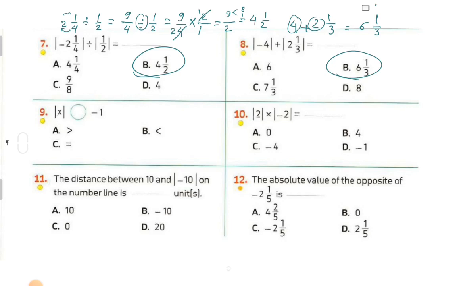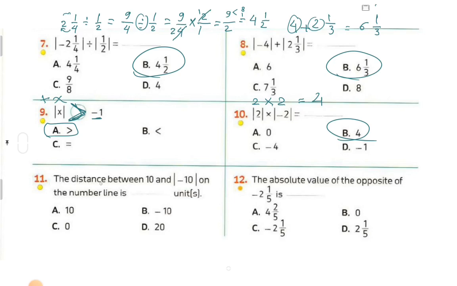Point 9. Absolute value of x just x and negative 1. Any absolute value of any number will be positive. Any positive will be greater than any negative. Okay, absolute value of 2 times absolute value of negative 2 just 2. 2 times 2 equals 4.